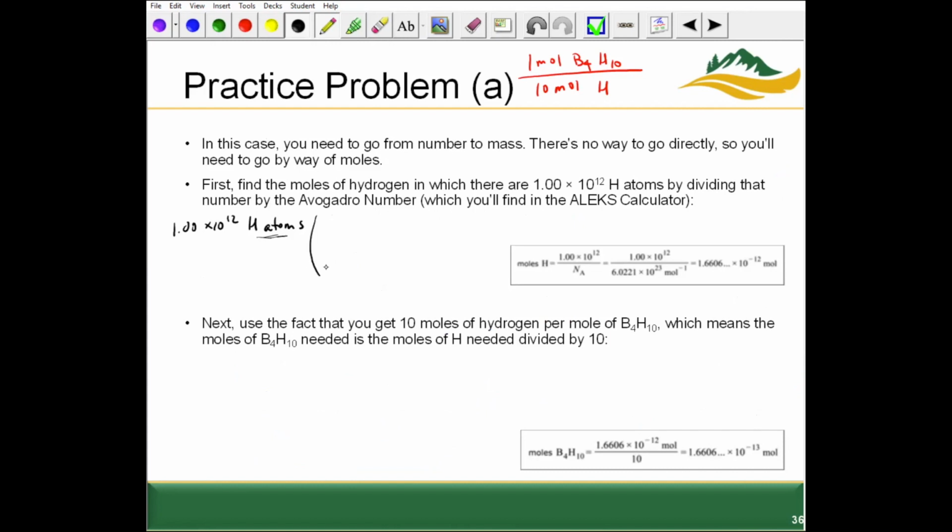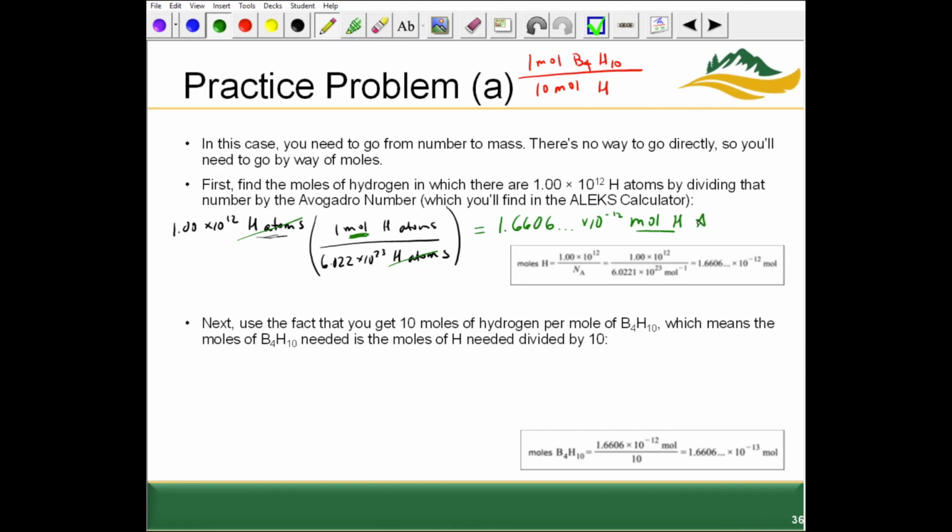Well, it means we need 6.022 times 10 to the 23rd H atoms in the denominator per 1 mole of H atoms. When we stop here, these cancel out, H atoms and H atoms. Then we're left with moles of hydrogen atoms. That gives us 1.6606 times 10 to the negative 12th moles of hydrogen.